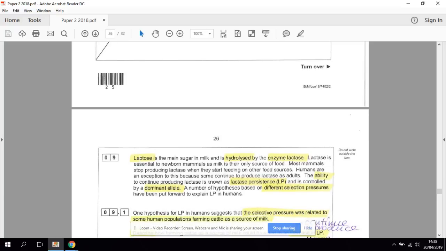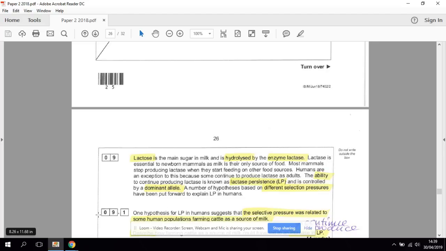Lactose then. We've got a long pathway here about lactose, which is a sugar in milk and is hydrolyzed by the enzyme lactase. Lactase is essential to newborn mammals, as milk is the only source of food. Most mammals stop producing lactase when they start feeding on other food sources, and humans are an exception to this because some continue to produce lactase as adults. The ability to continue producing lactase is known as LP, and it's controlled by a dominant allele.